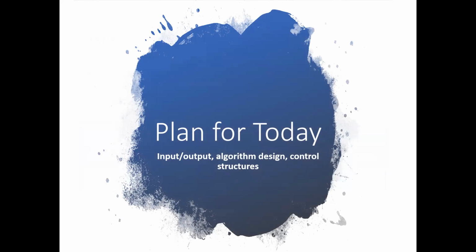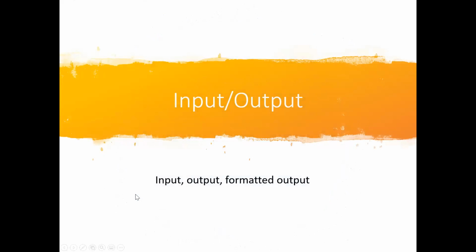In my session today, I'm focusing more on input and output, and also on the algorithm design part of it. Depending on the time permits, I can also look at control structures. Hopefully we can start with if statements. Now let me start with the input and output.